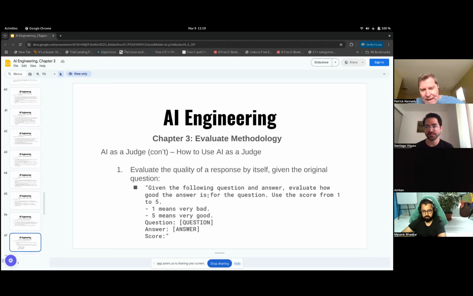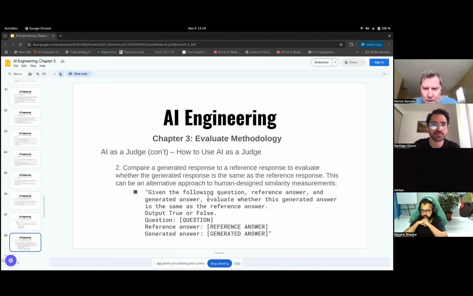So it knows I got a scale of 1 to 5, and I got a question, I got an answer, and I'm going to provide the score, because the directions at the start, given the following question and answer, evaluate how good the answer is for the question. Use the score from 1 to 5. Great. And this is an example of doing a question by itself.